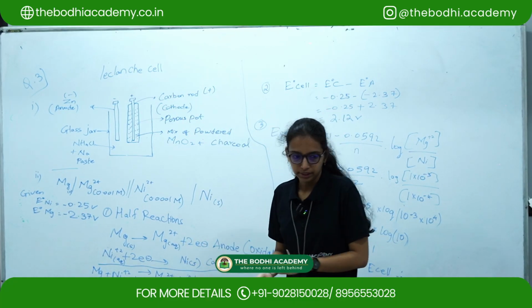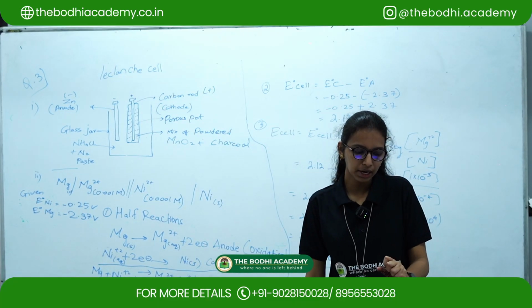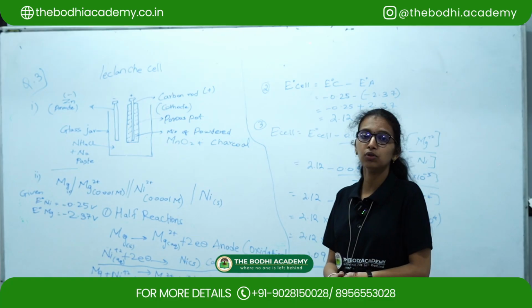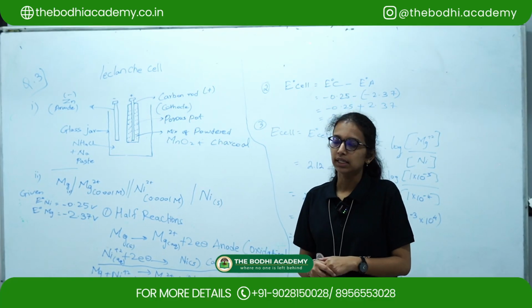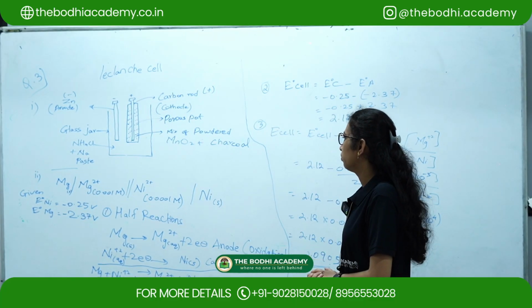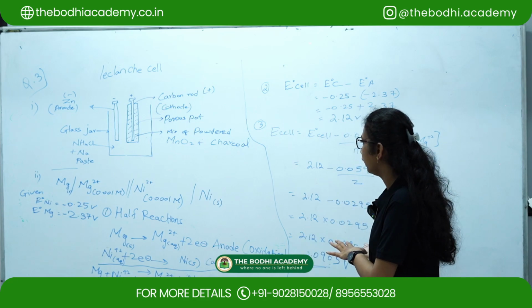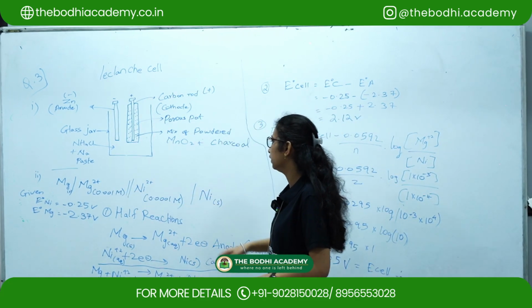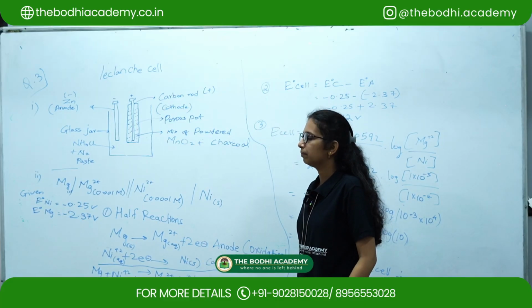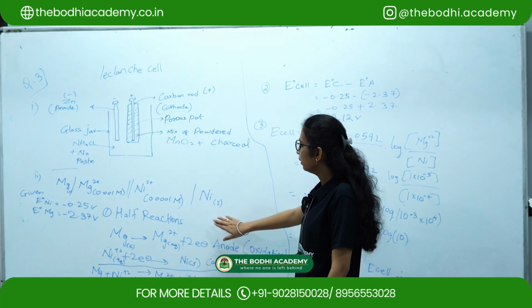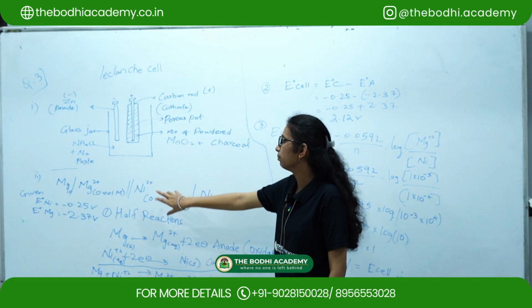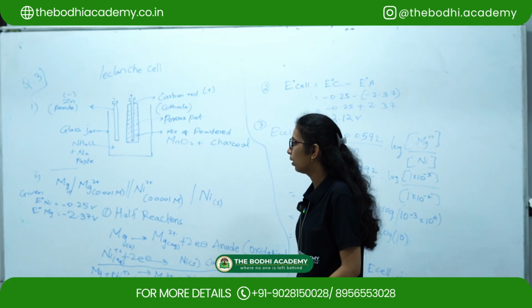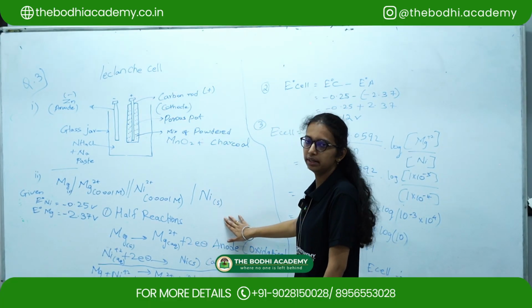Next, they have asked us to calculate the EMF of the cell. Before calculating the EMF, first we'll see what reaction is taking place. This is the cell representation given over here. In the representation, you can observe magnesium is undergoing oxidation and nickel is undergoing reduction.